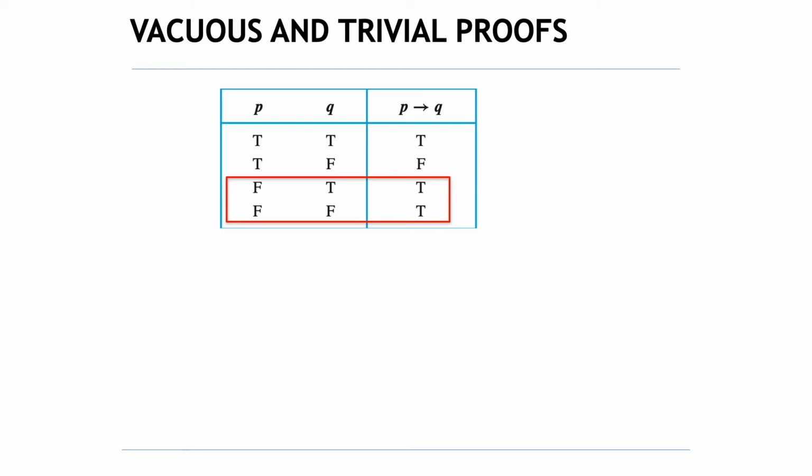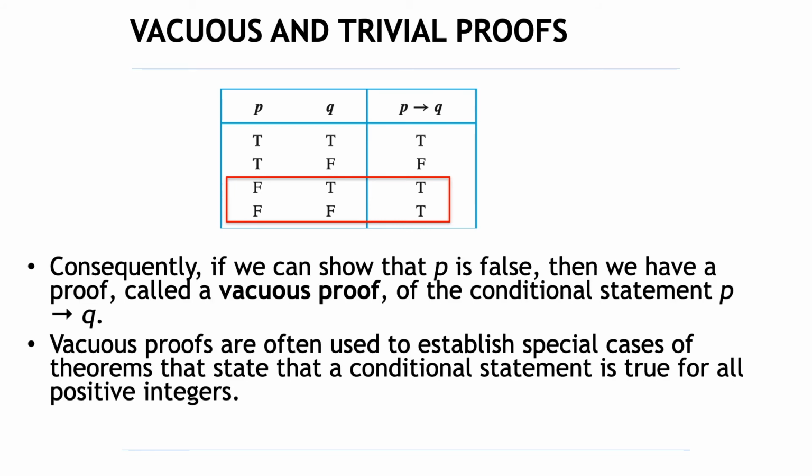Can you see that? We have two rows where P is true, and two rows where P is false. In the two rows where P is false, it doesn't matter what the value of Q is, the conditional is always true. Consequently, if we can show that P is false, then we have a proof.